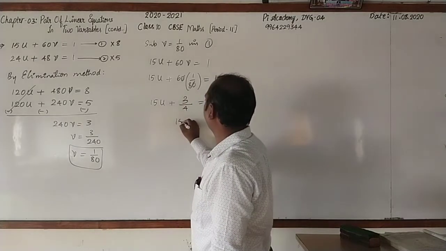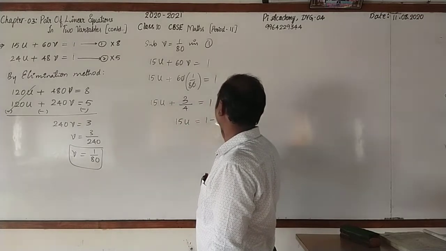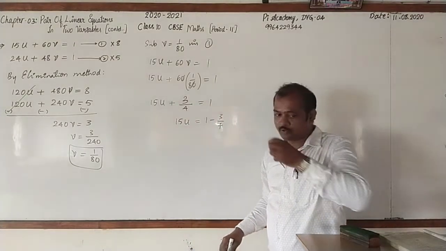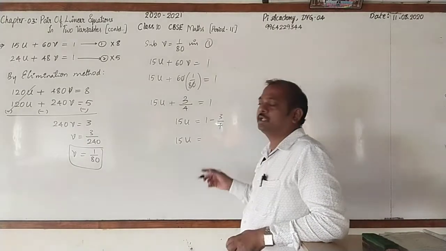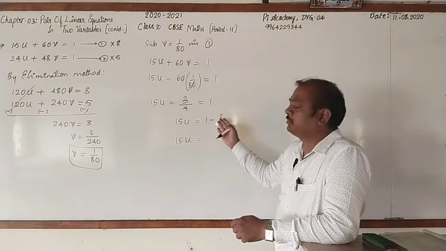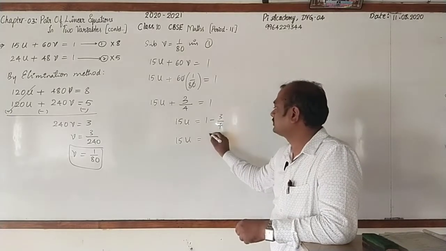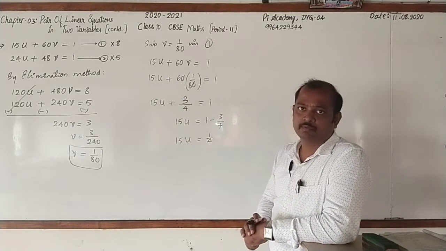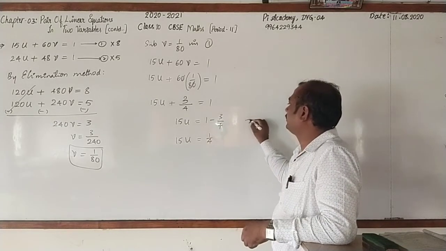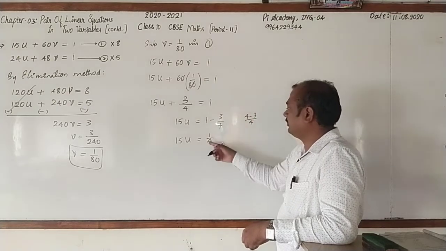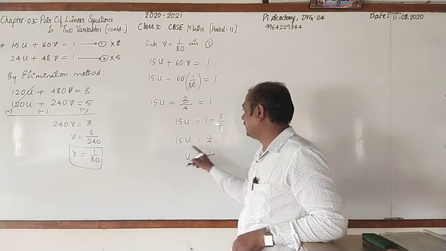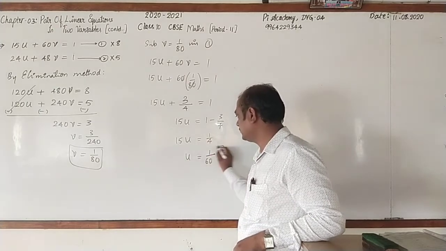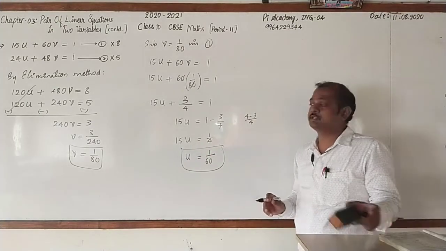It is 15u plus 3 by 4 equal to 1. 15u is equal to 1 minus 3 by 4. Taking LCM, 4 minus 3, it is 1 by 4. Then u is equal to 1 by 15 4s are 60. u is 1 by 60.